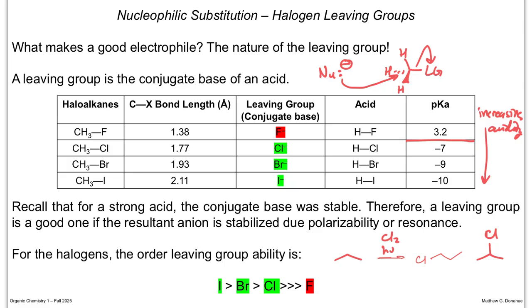Say somehow we were able to separate those, but then we didn't want to use chlorine in a subsequent SN2. Say we were able to isolate the chloropropane. You can treat that with sodium iodide in a solvent to make the iodopropane. Of these two, this is the one with the better leaving group, and practically speaking in the lab, sometimes that matters. So that's just a halide exchange, and it occurs through SN2.